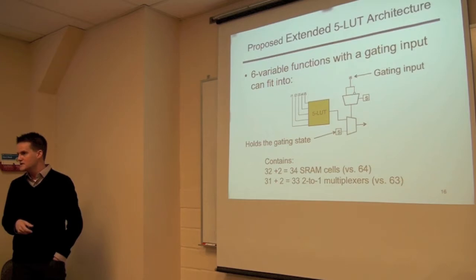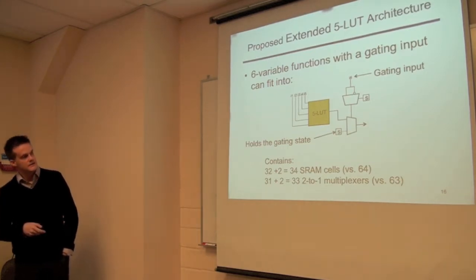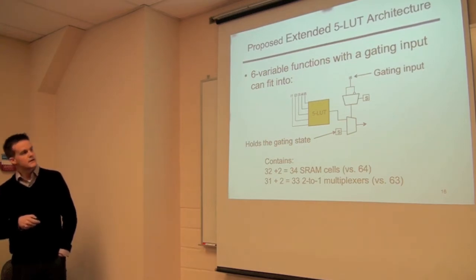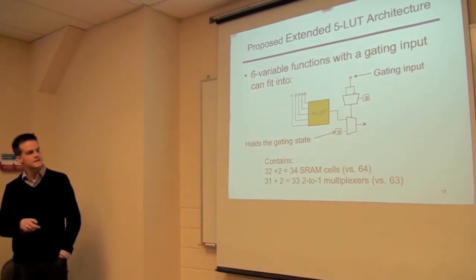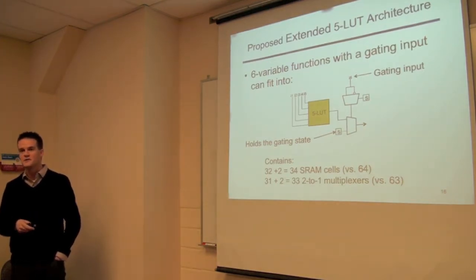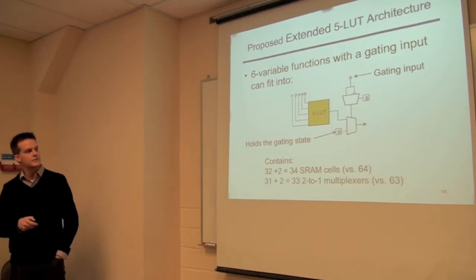This is a generalization of something we did in FPL 2009. Any 5-input function can fit in here, as well as any 6-input function if I attach the gating input to I6. The gating state, whether it pulls the output to logic 0 or logic 1, I can put in that SRAM cell right there.